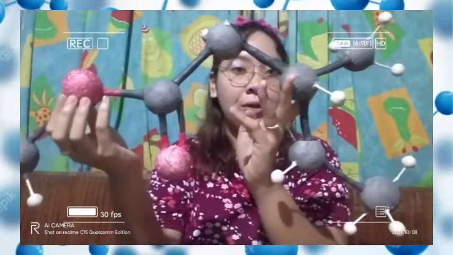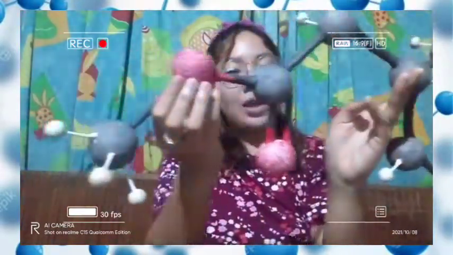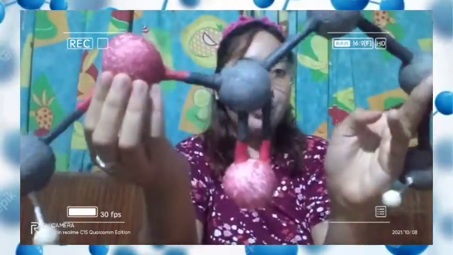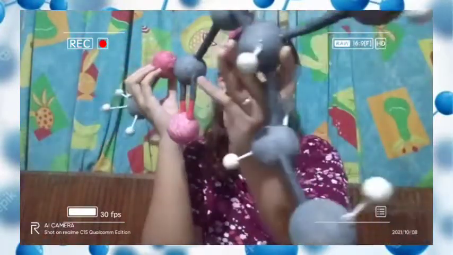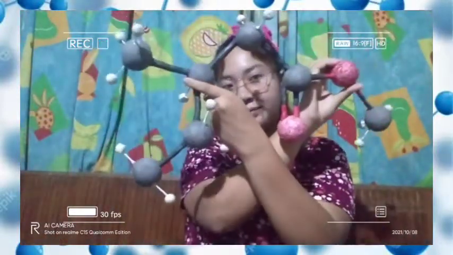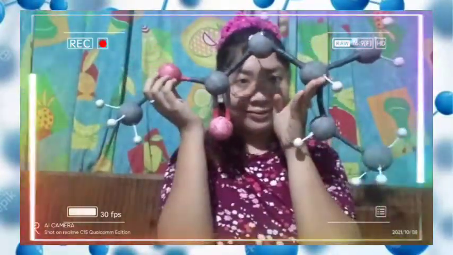The snake fruit is the fruit that I have chosen, and the methyl 3 methyl pentanoate in this fruit is responsible for its odor or scent. So this is my finished product.